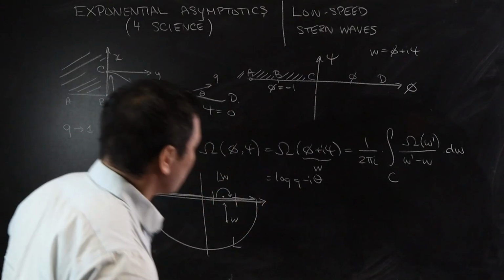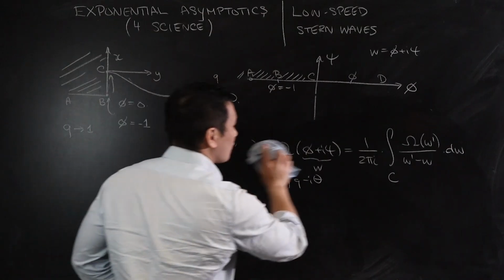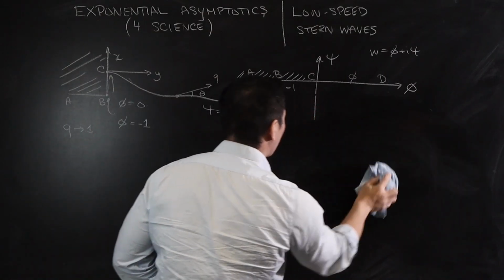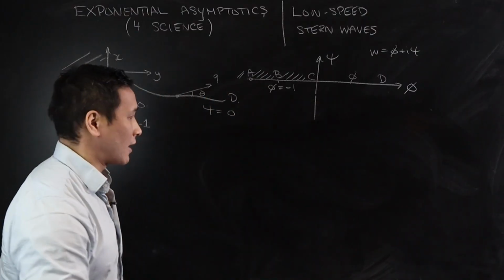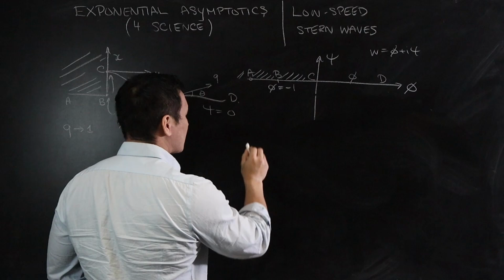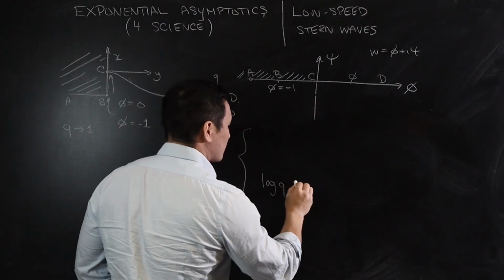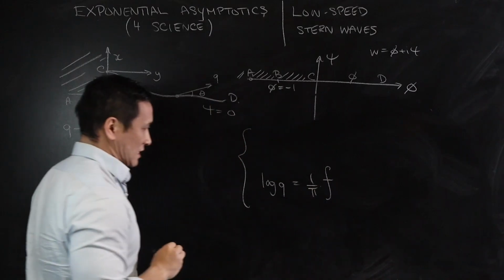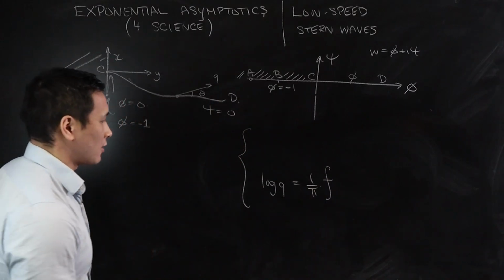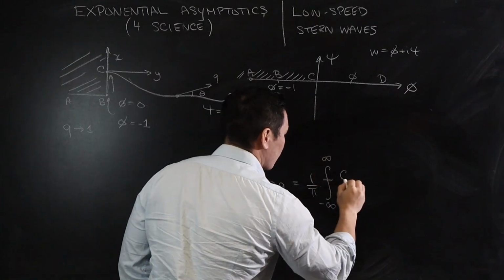The fine details are not so important for us. But we do that process where we write it in terms of a boundary integral, and then you take the real part of that, and you're going to end up with log q is equal to 1 over pi times an integral with a dash through it, which I'm going to explain in a second, from minus infinity to positive infinity of theta.